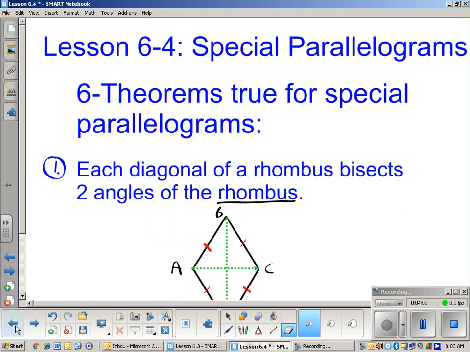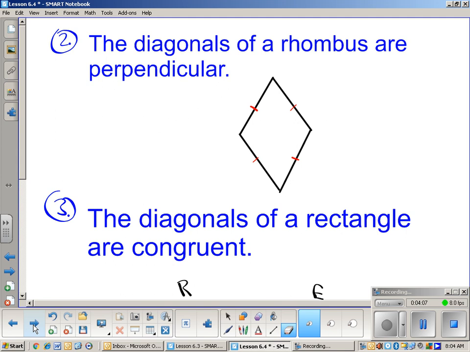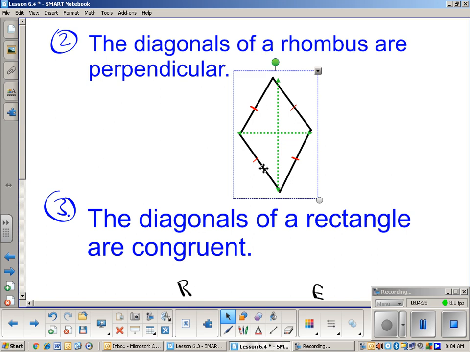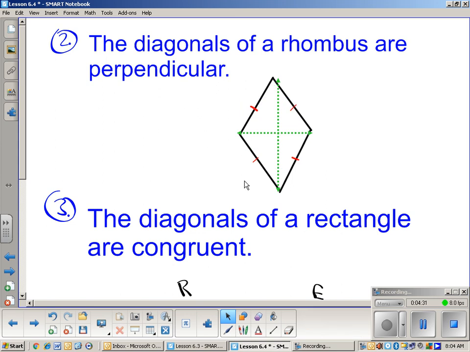Oh, let's go back. Make sure. Okay, good. I was afraid I skipped some. The diagonals of a rhombus are what? I did not draw a very good rhombus there. Diagonals of a rhombus are perpendicular. I'm just cleaning this up.